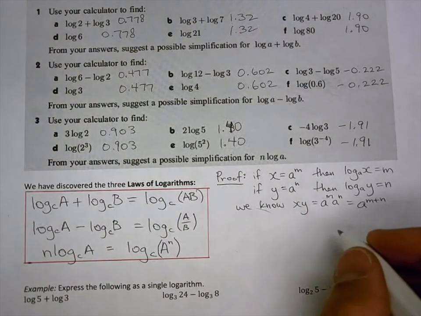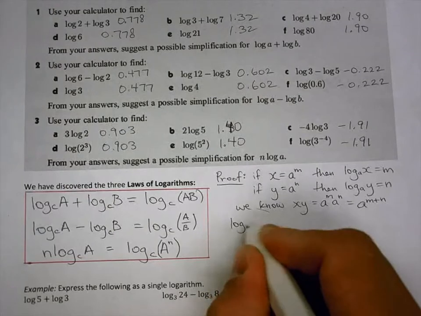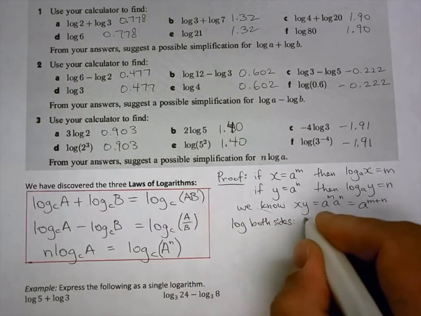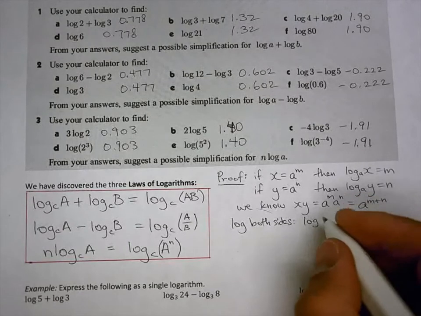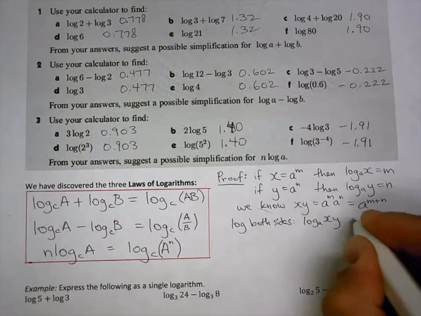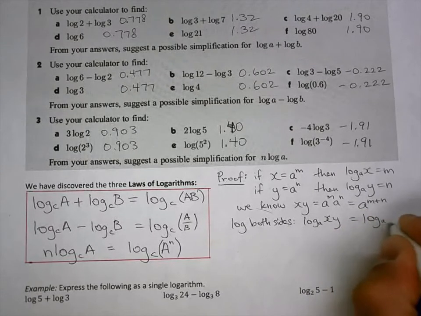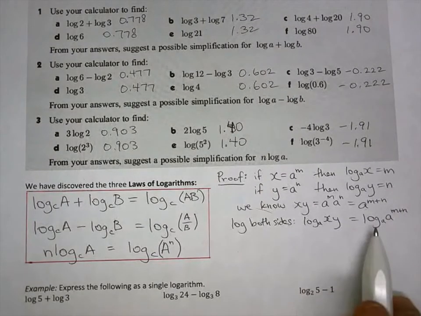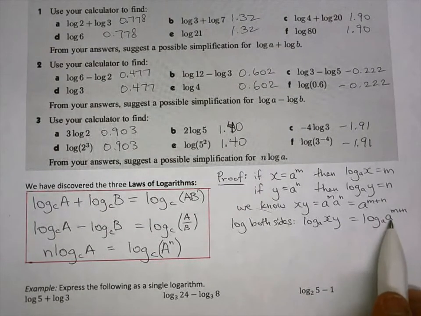Now, if I were to log both sides of that equation, I get log base a of xy, and log base a of a to the m plus n. Well, look at this, log base a and raised to the power of a.